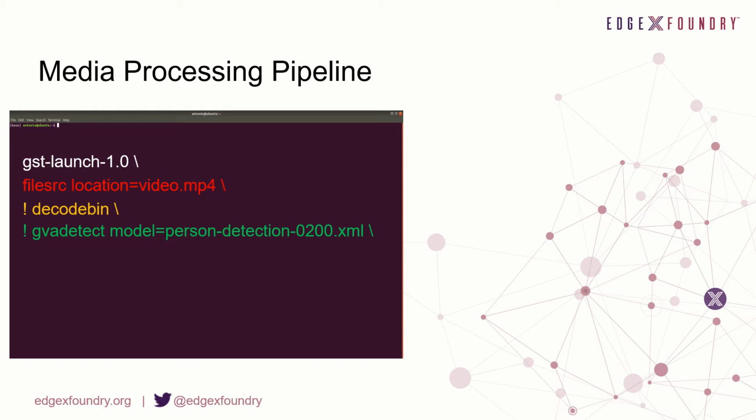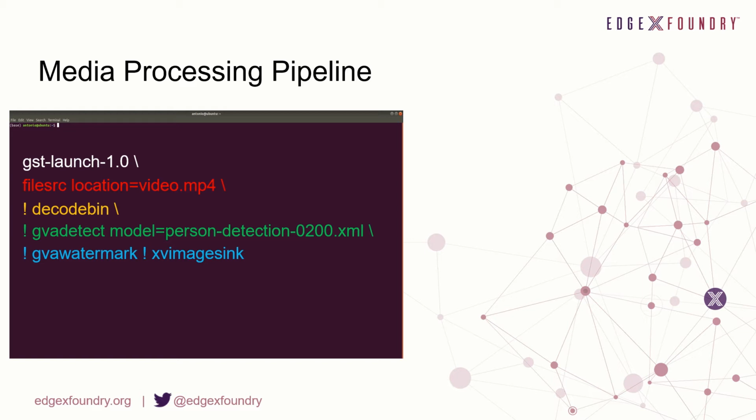Just to mention, when you optimize a model using the Model Optimizer, or if you take one of these models from the OpenVINO Model Zoo, there are two files: one is an XML file and the other one is a .bin file. For DL Streamer, you need to specify the path of the XML file, and the bin file needs to be next to it.